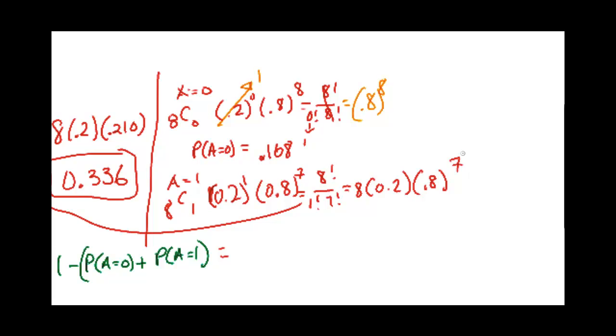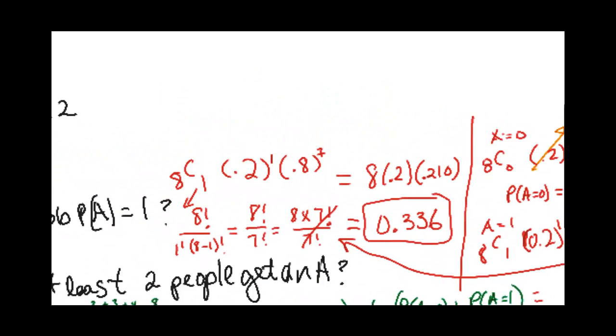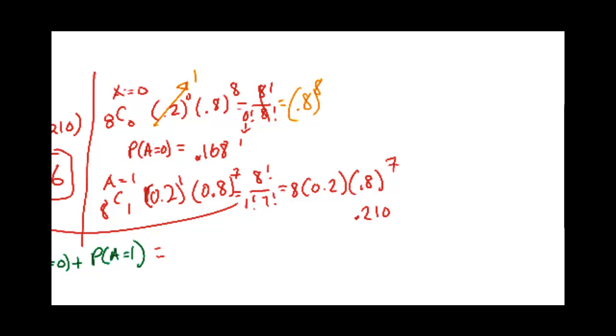So 0.8 to the 7th equals 0.210. I guess I did this calculation earlier, didn't I? Well, it's alright. 8 times 0.2, and I did all that earlier.